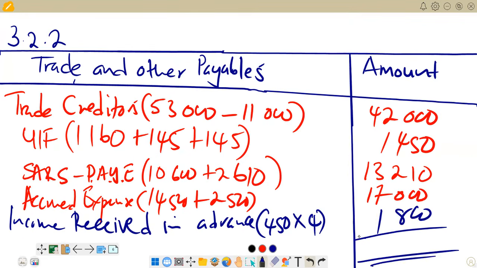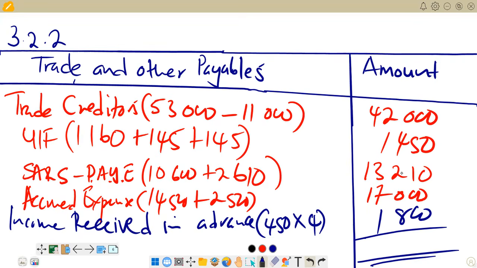We finished all the payables that we have. So we add everything that we have in that column, and let's see what we have there. We have 42,000, and then we add 1,450, and then we add 13,210, and then we add 17,000, and we add 1,800.